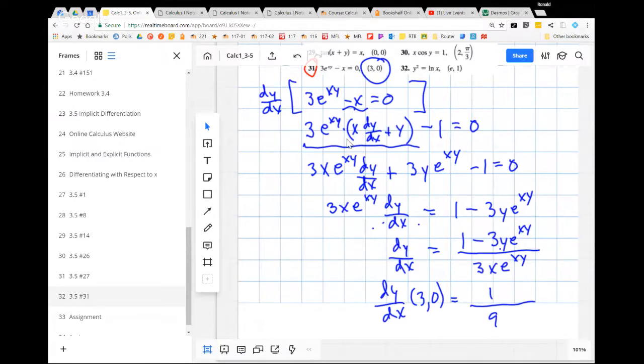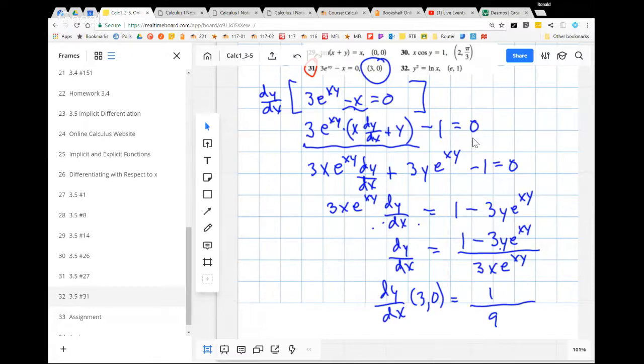So that's what's going on in parentheses here. The first, x, times the derivative of the second, dy dx, plus the second, y, times the derivative of the first. The derivative of x is 1, so I didn't write it down. The derivative of this next term is -1, and the derivative of 0 is 0.